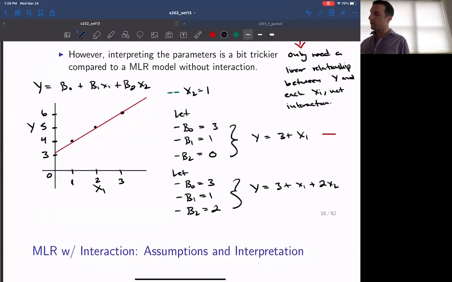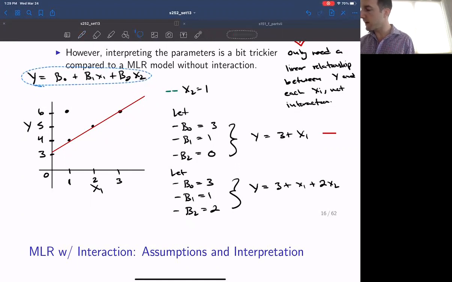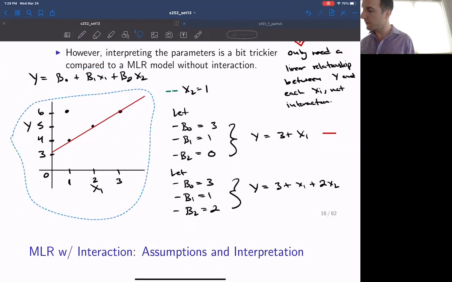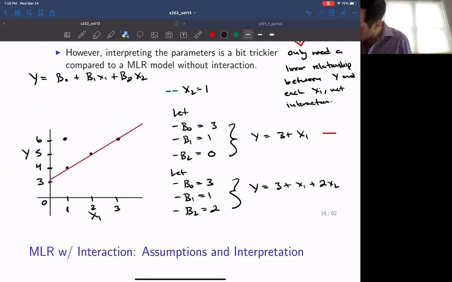All right, so now when x1 is equal to 1, we have 3 plus 1 plus 2, which is 6. When x1 is equal to 2, we have 3 plus 2 plus 2, which is 7. And then when x1 is equal to 3, we have y equal to 8.